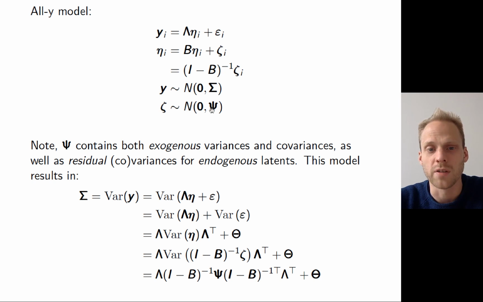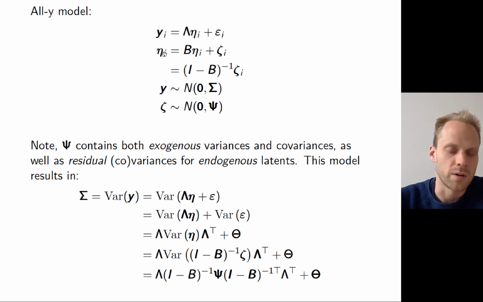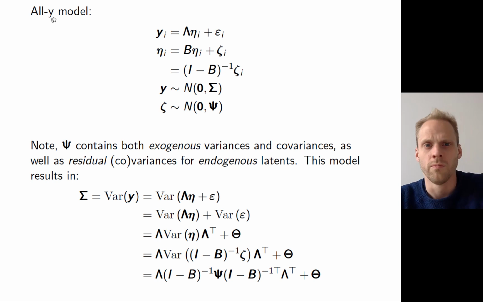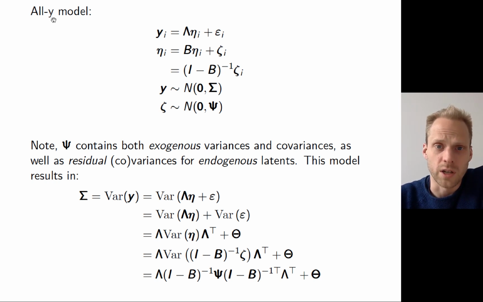Then this psi matrix here is the variance covariance matrix of the residuals. So that means that here we are modeling exogenous latent variables as a residual. That doesn't really matter mathematically, but that's why we call it an all-y model. Sometimes you see an extended model as shown in the lecture, and it has twice as many Greek letters, and there's really no reason to do that.